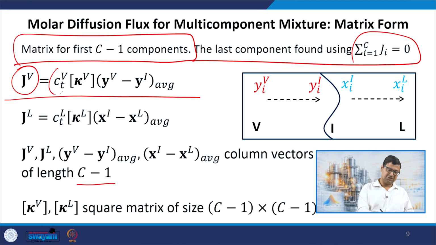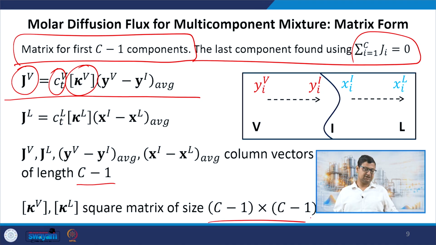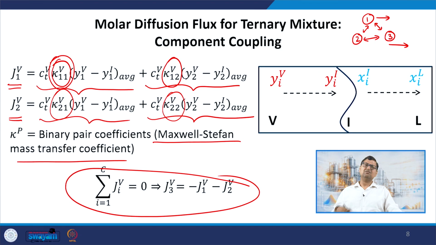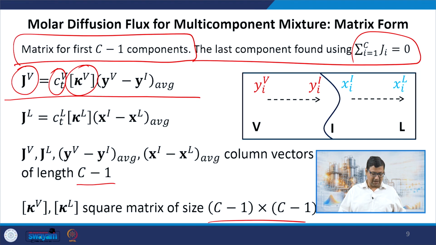Then the total concentration is a scalar in the vapor. Then we have a matrix containing C minus 1 into C minus 1 terms, right, and this is going to consist of these pair coefficients, which are loosely related to the notion of the mutual diffusivities, or the Maxwell-Stefan diffusivity. In principle, the framework is quite involved and you can read about it, but I am giving you a basic feel of what is going on in there.